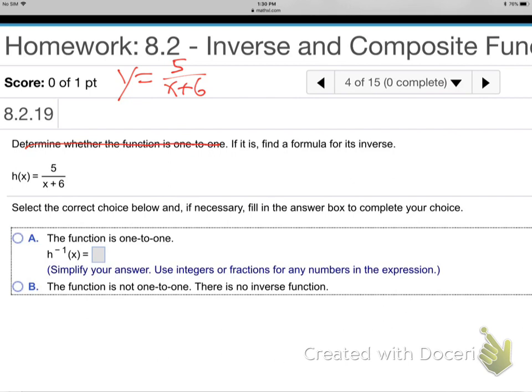Switch x and y, solve for y. Good. So step 1, switch x and y. Good to there. So I switched x and y, and then step 2, solve for y.